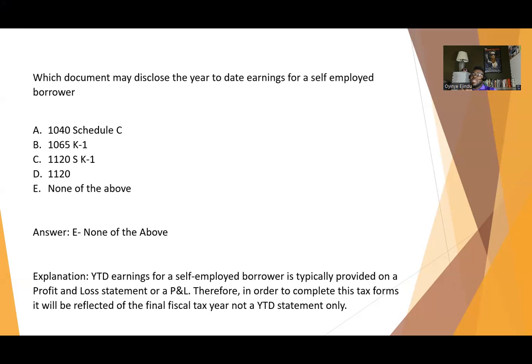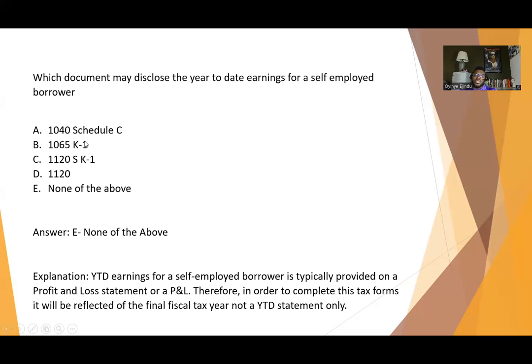But in order for us to be able to see the actual year to date, we need to focus on getting an actual profit and loss statement that is a year-to-date profit and loss statement. So therefore, these tax forms will be reflected on the final fiscal tax year, not on the year-to-date statement. So again, remember, when you see this question on your mortgage underwriting exam, it's a tricky question, right?